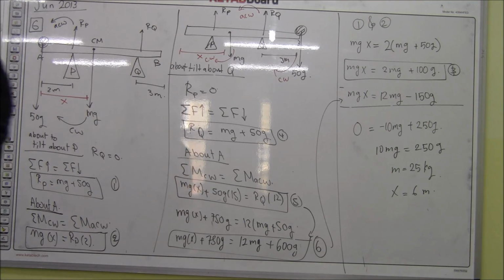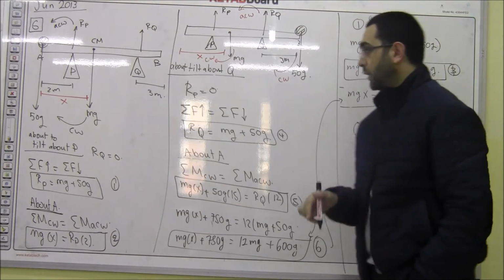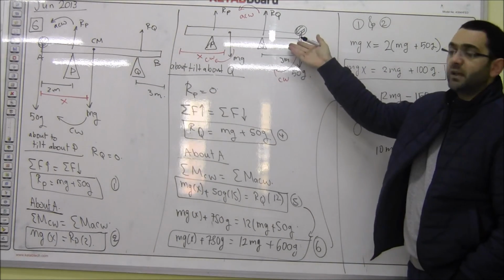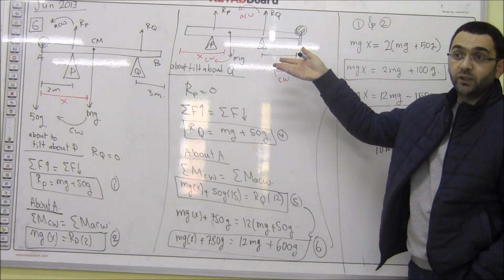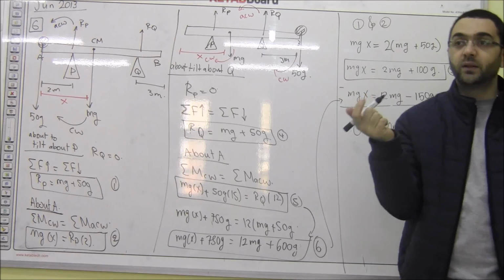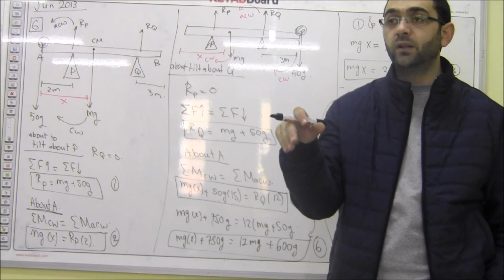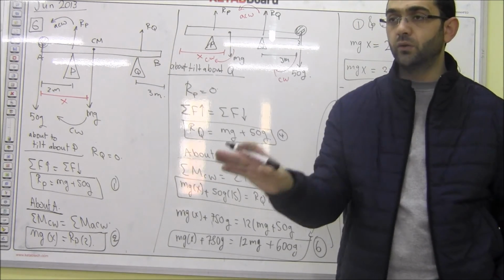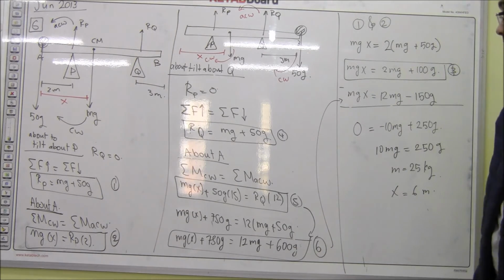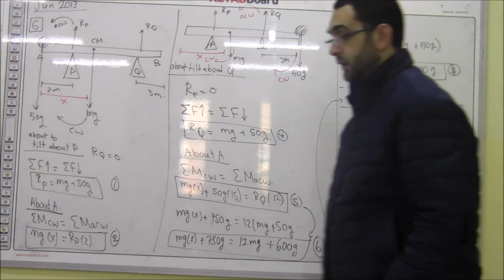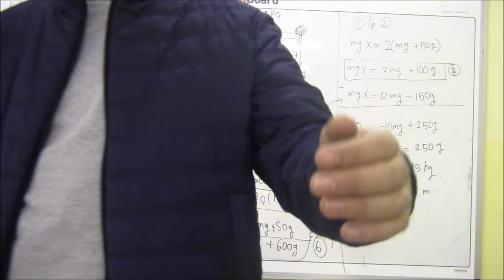Does the plank or the beam rotate? Do you understand what I mean? It's an equilibrium, right? But it's a matter of calculation only. Clear, guys? Any question? Hopefully everything will be clear.